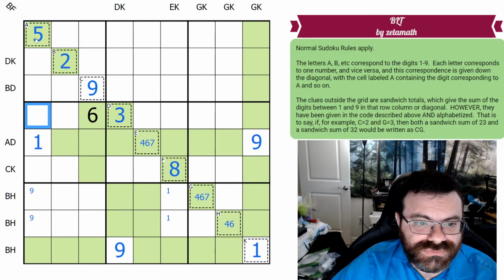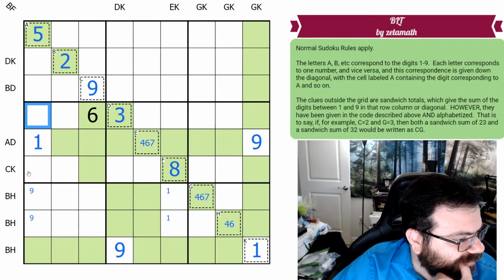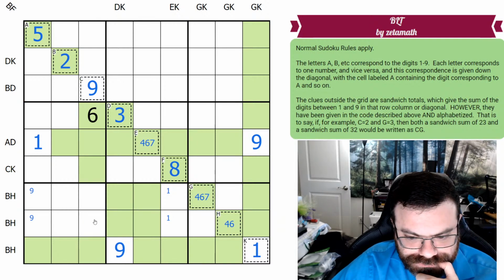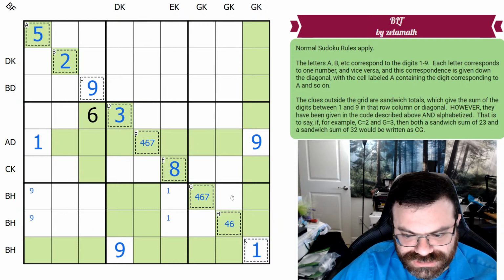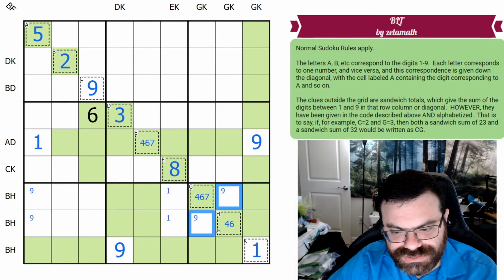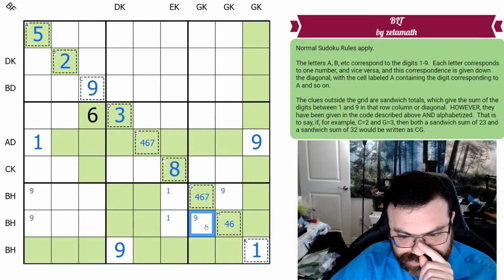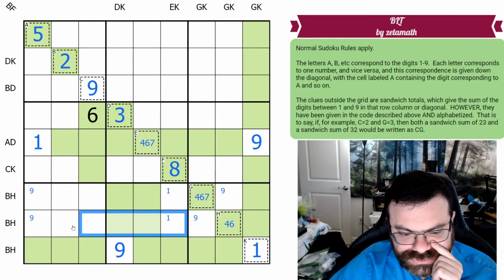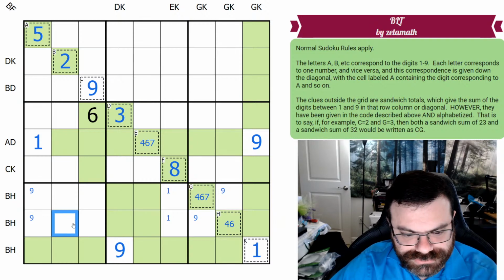Okay, so column 1 doesn't have a clue. Darn it. There's a 9 in one of these two. If this were the 9, then the 1 would be here.